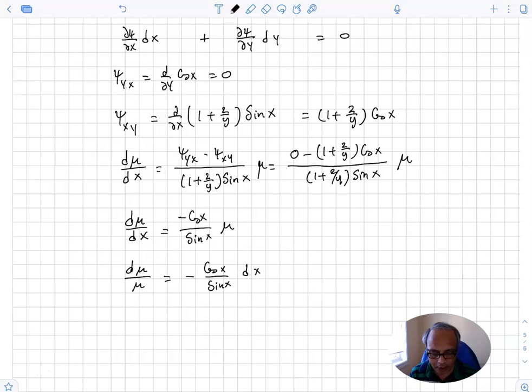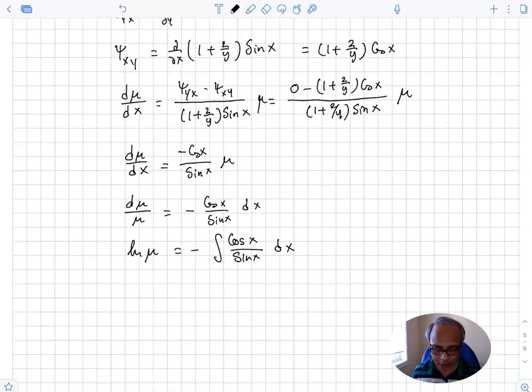Okay, so integrate it, so you get the ln of mu on the left hand side, and on the right hand side is cos of x divided by sine of x dx. So you substitute u equals sine of x, this is easy integration, du equals cos of x dx.